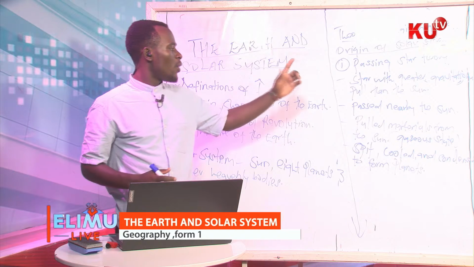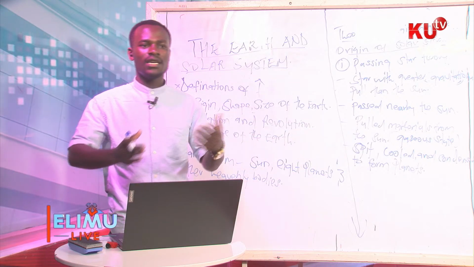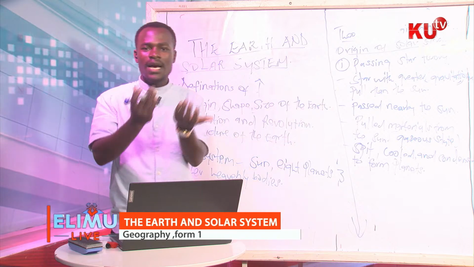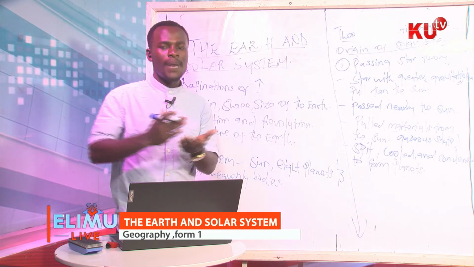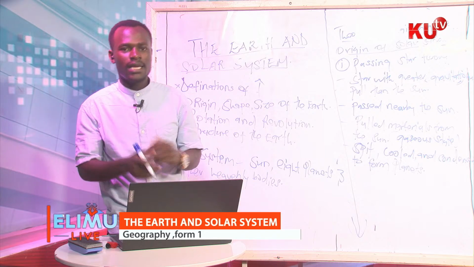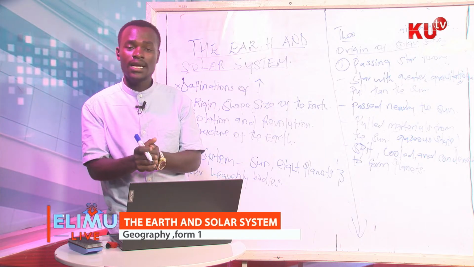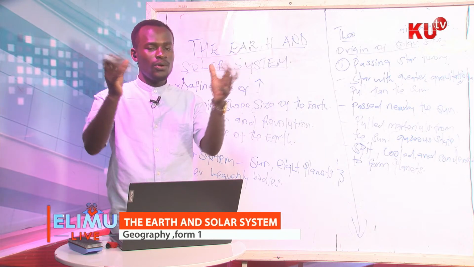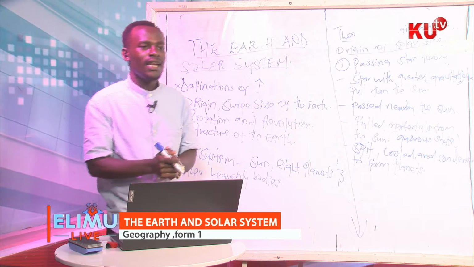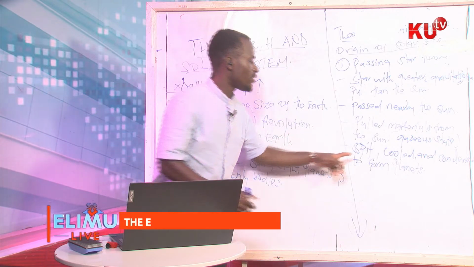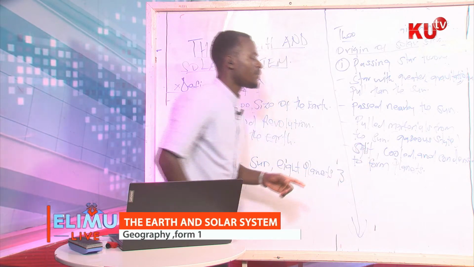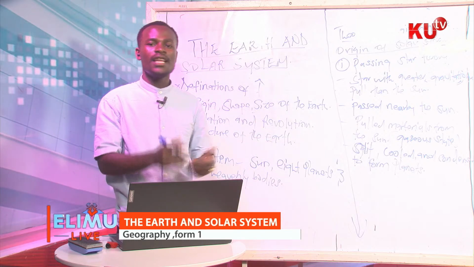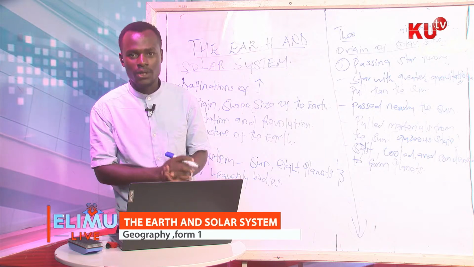Now, we have a star with greater gravitational pull. This star passed nearby the sun and pulled materials from the sun. Remember, these materials were in a gaseous state. After the materials were pulled from the sun, they split, cooled, and then condensed to form the 8 planets that we know.